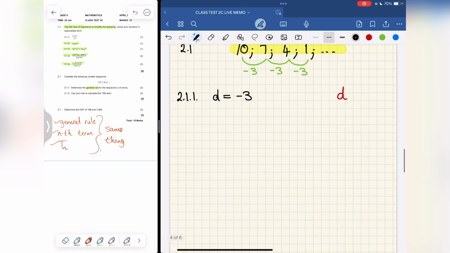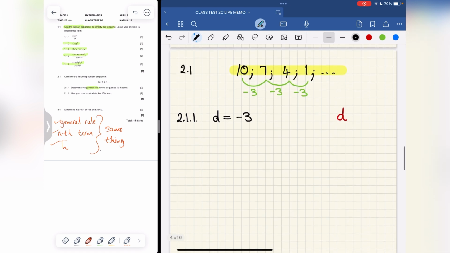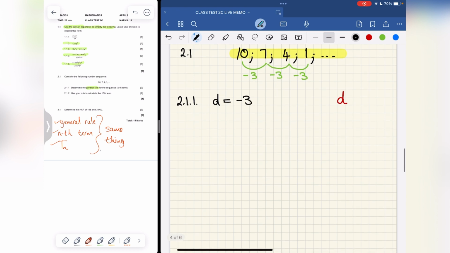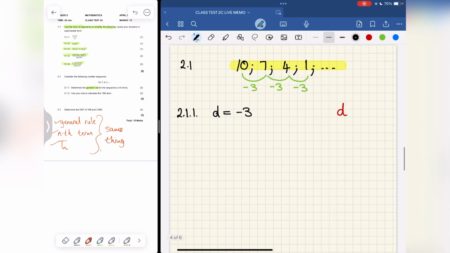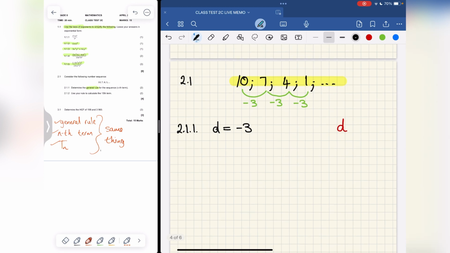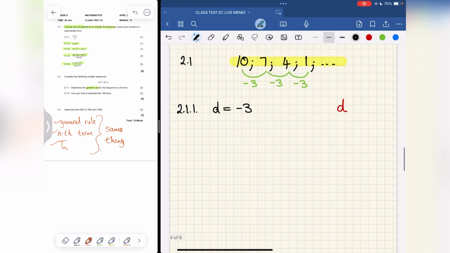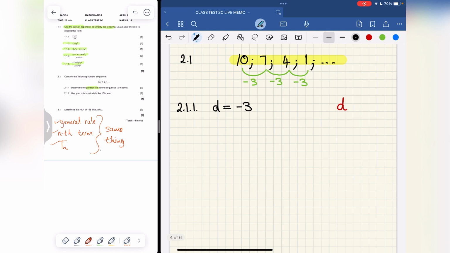Now that we have the constant difference, we need to find some sort of link between the constant difference and what's happening with the terms. There are a few ways that we've learned how to calculate this general rule using the constant difference, and one of the ways that we looked at was linking the constant difference, in this case -3, with the term position.